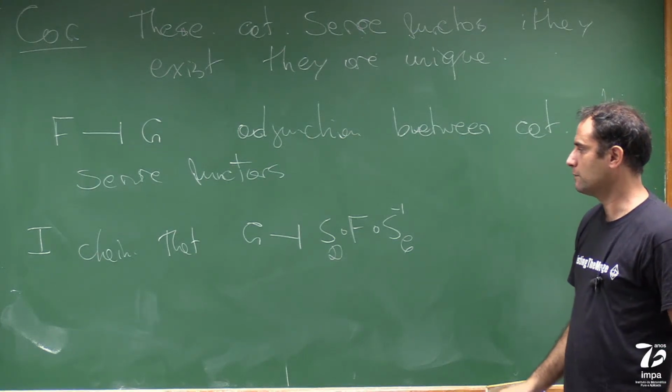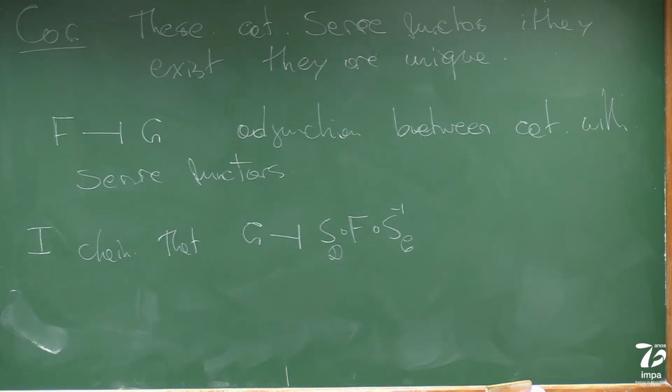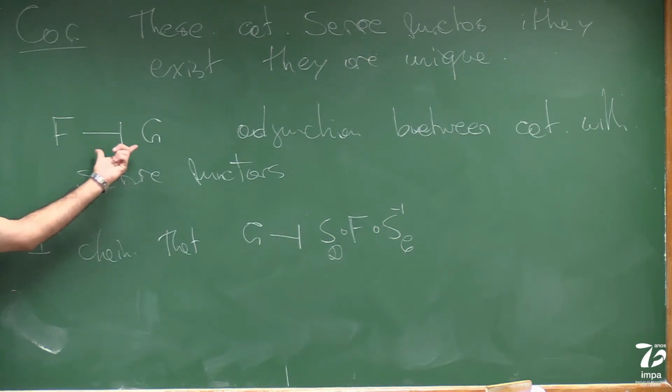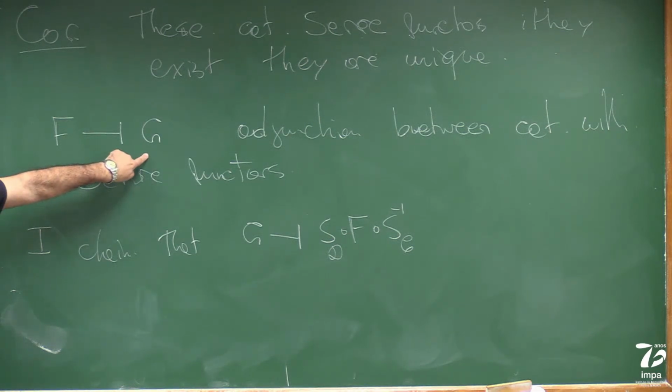So this says that whenever you have an adjunction, you get for free a different adjunction, a different functor. And this is usually the definition for smooth manifolds, or for nice manifolds where you have this Serre duality.